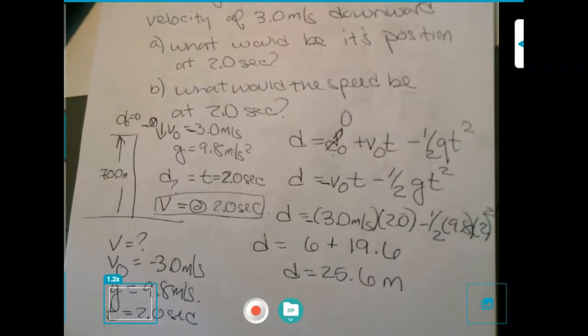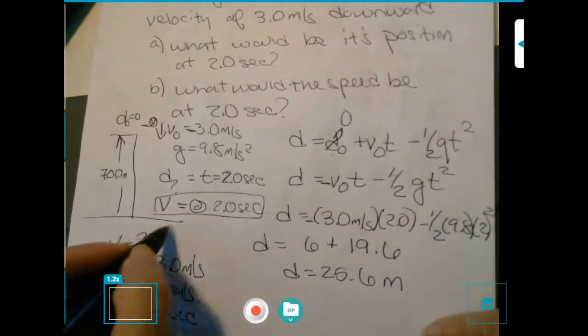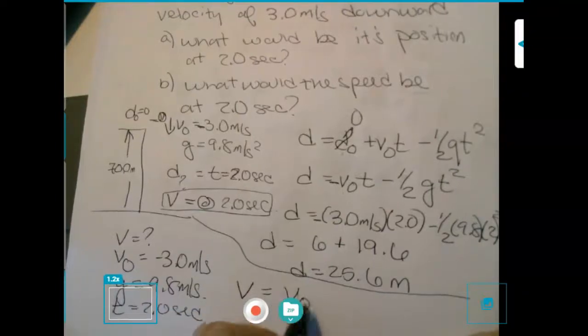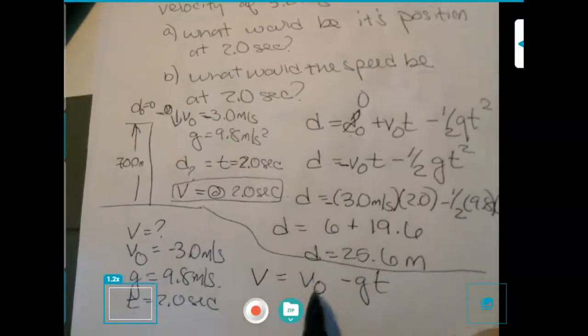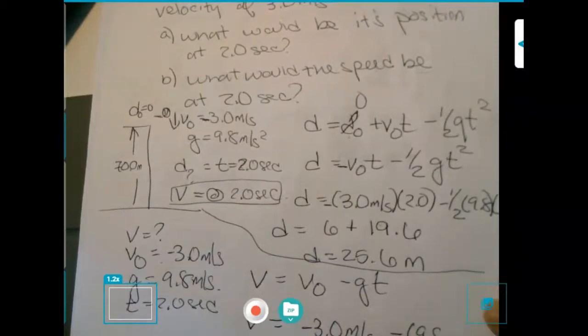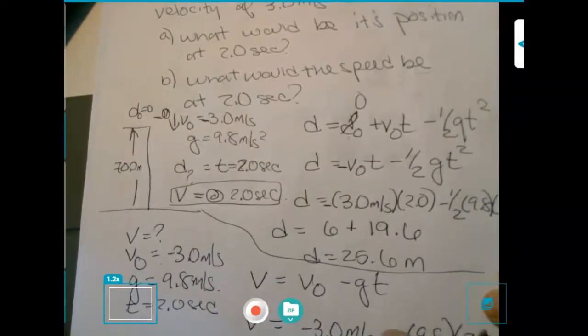So for the second part of this problem, we're going to have v is equal to v0 minus gt. I'm going to modify that because I have a negative there. So the final velocity is going to be minus 3 meters per second minus 9.8 times 2.